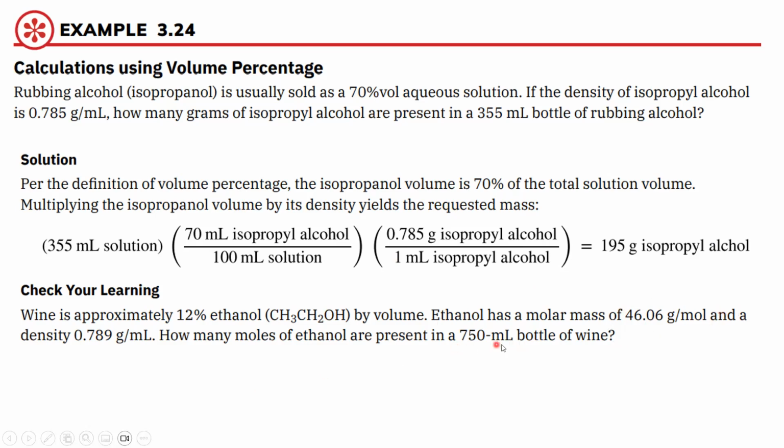So we'll start with 750 milliliters of wine. We'll use the 12%. So it'll be the same thing here. It's just we'll have 12 milliliters of ethanol on top. Then we can use the density of ethanol to convert it to grams. And then we can use the molar mass to convert from grams to moles.